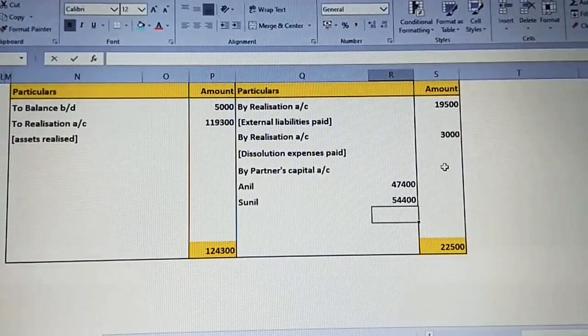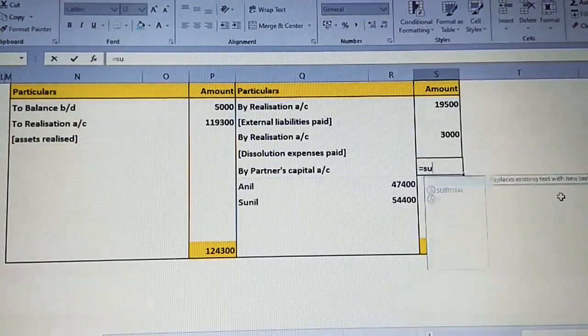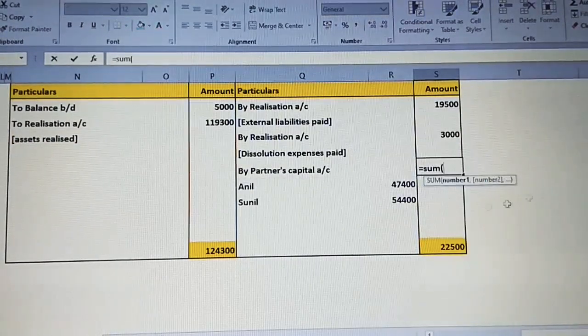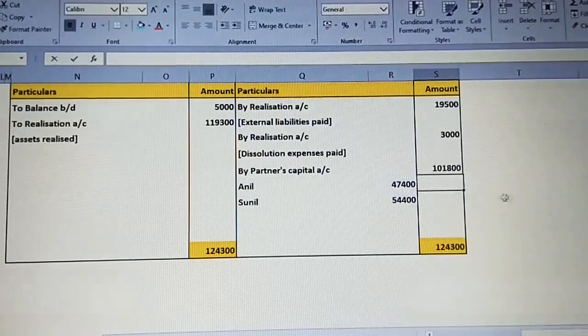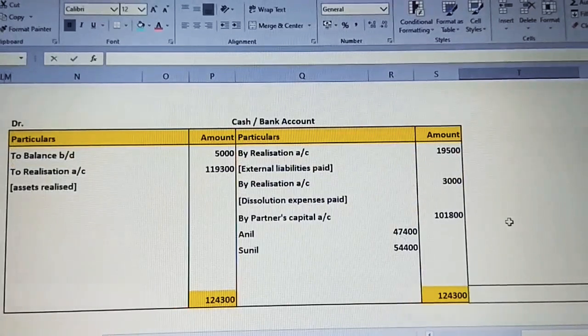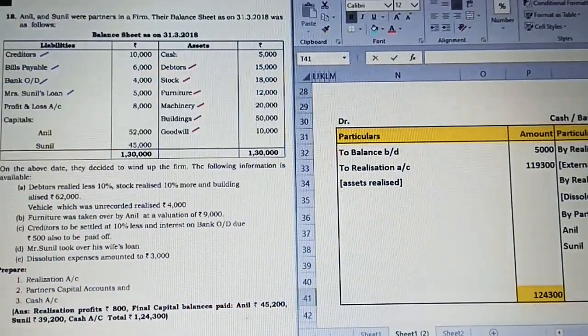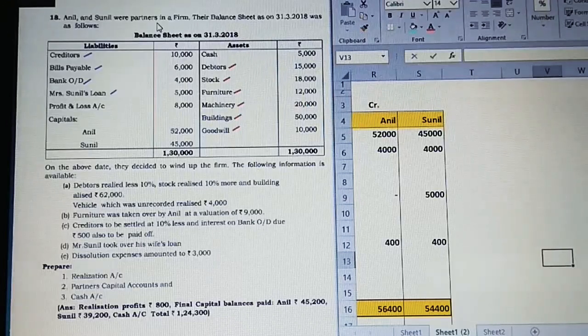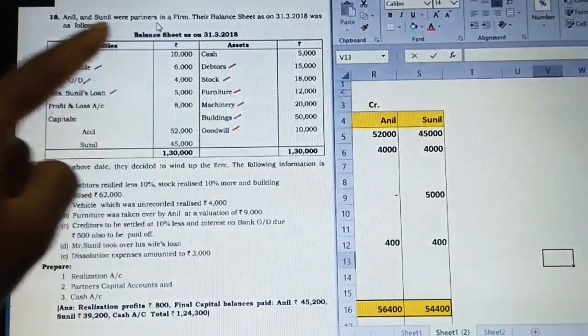So the total of this we are going to check. So we got the cash or bank account equally. Just observe, it's equally tallied both the side. So it's 1,24,300.